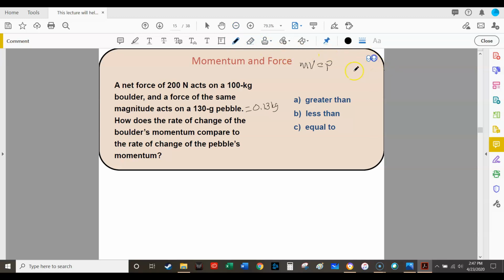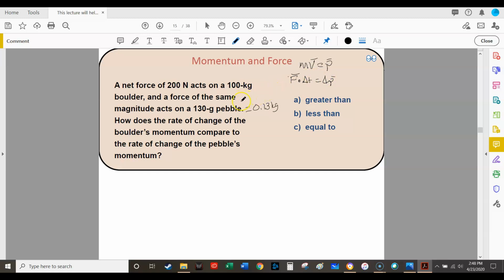I'm just kind of writing equations that I think I'll need. And I know since there's force and momentum in the same problem, what I do is I think of impulse, which is F delta t. I've got to put the little vector heads on my stuff. Is equal to the change in momentum. Okay?